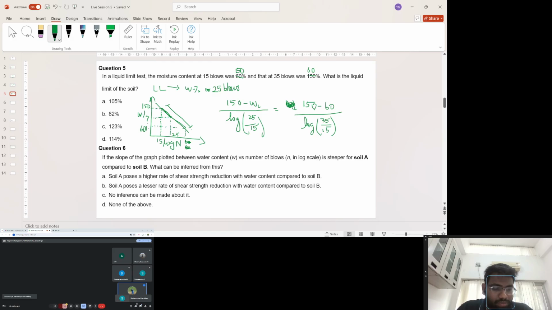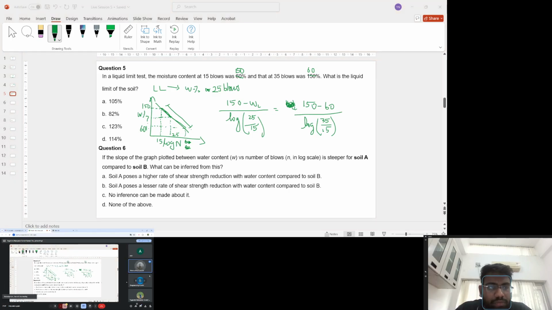Sir, I want to ask one thing. Suppose these formulas and calculations, like log, in the exam, some kind of scientific calculator may be allowed. If in the actual exam these come, it will be allowed, I think.